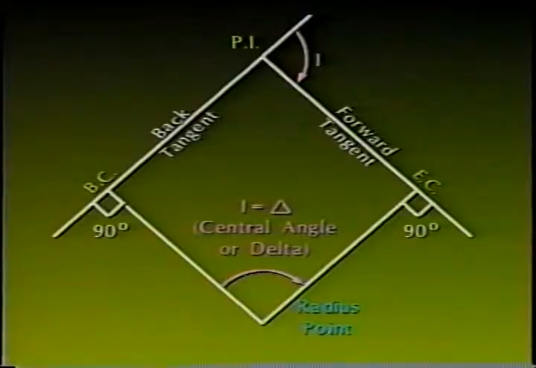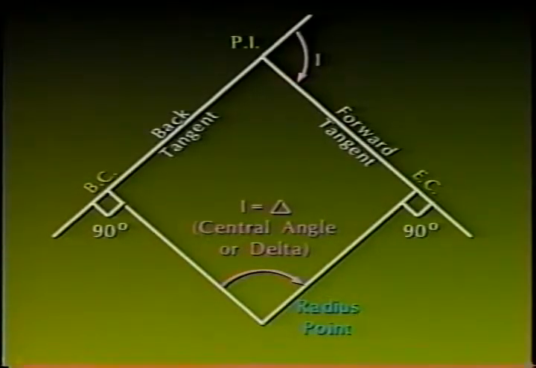Although the degree of curve and radius are mathematically related and both define sharpness of the curve, the radius definition of circular curves is more prevalent in modern survey practice and will be used in the example calculations for the rest of this presentation. At this point, let's drop back and review two basic facts of horizontal curves.